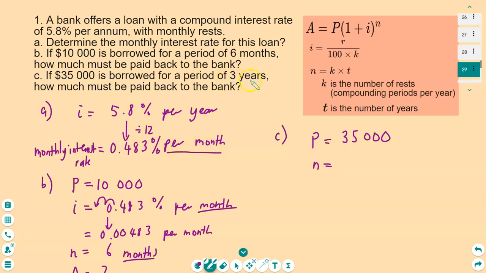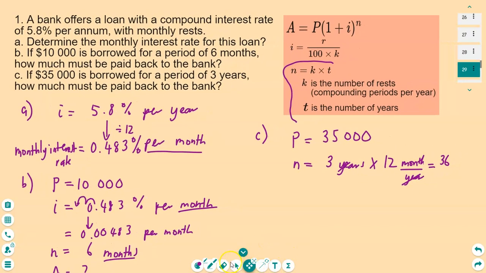Therefore, we need our time period to be number of months. So this time, we've got 3 years times 12 months per year. As you can see, the years cancel, but that might be taking it too far. Don't want to confuse you. 3 12s are 36. Include your units after.